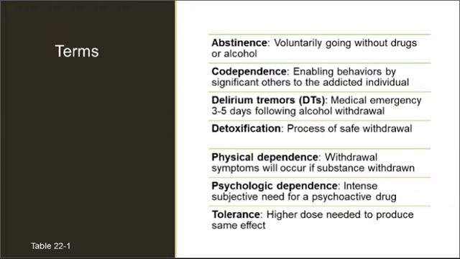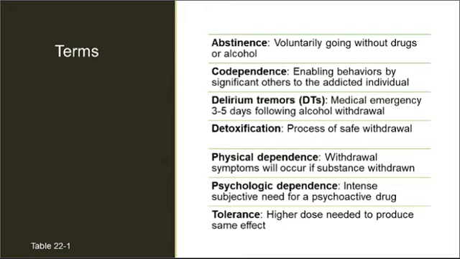Different terminology that's used throughout this module: abstinence, voluntarily going without drugs or alcohol; codependence, enabling behaviors by significant others to the addicted individual. Delirium tremens, DTs, a medical emergency occurring 3 to 5 days following alcohol withdrawal, which we'll get into a little more.